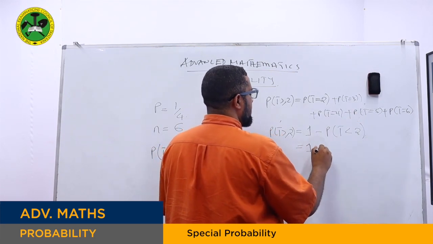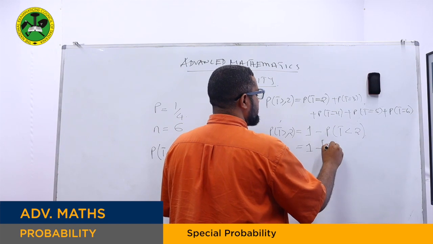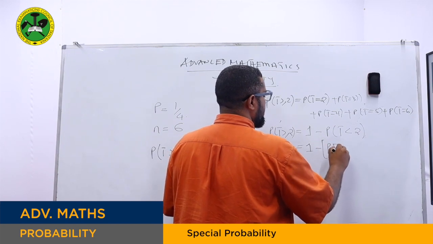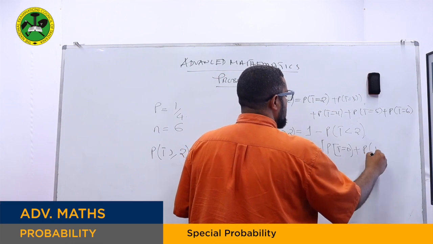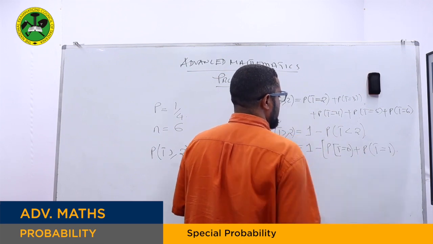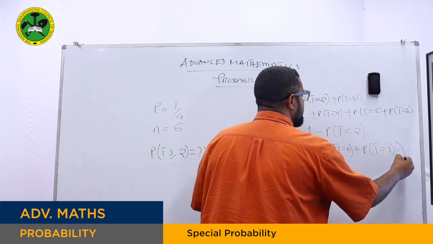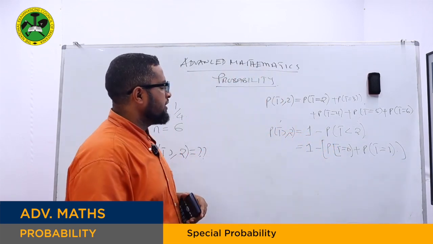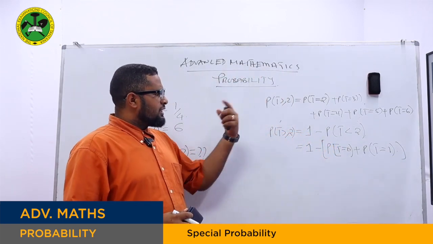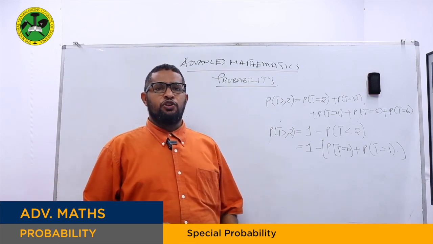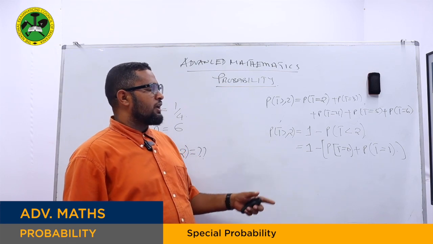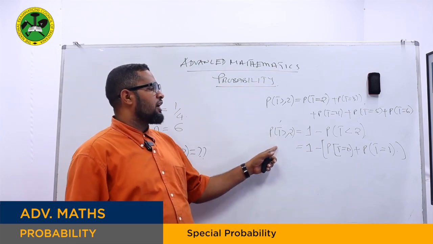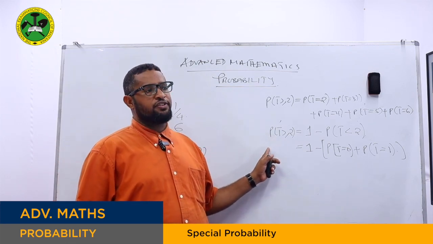We'll be using 1 minus the probability when t equal to 0 plus probability when t equal to 1. All these are used to find the probability. But remember, when you're in exam, you'll be going with time. Now, for saving time, I advise you to go with the second method or the second option.